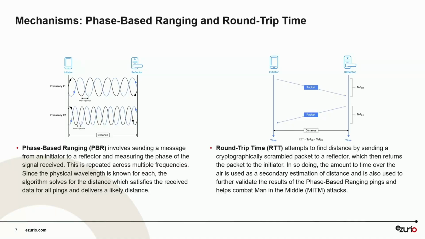We then add RTT to that. RTT measures actual time of flight, and it also gives a kind of validation of the system through the cryptography of the packets itself. By combining them, you get resolution, added security, and a cross-validation of the measurements and the information you're getting back.